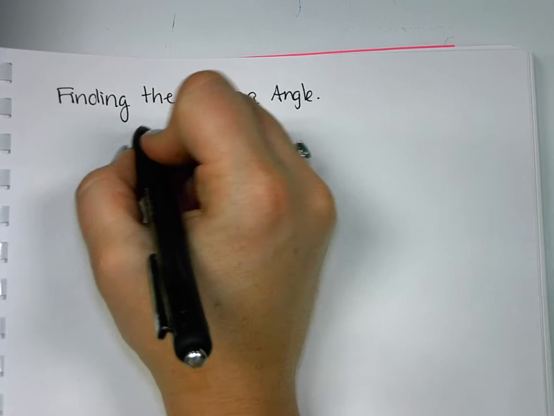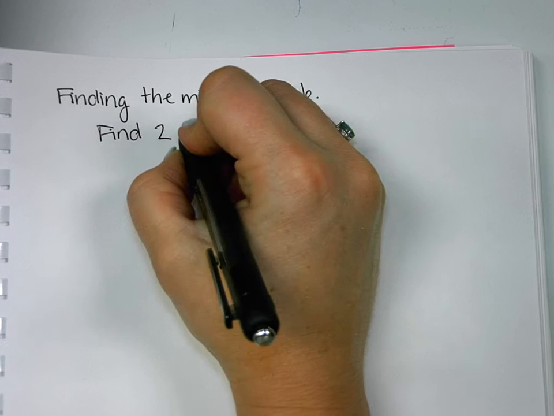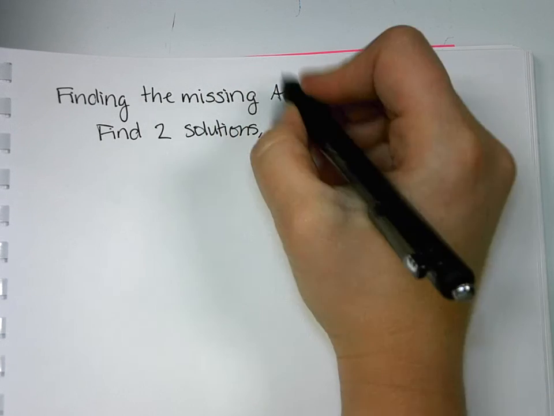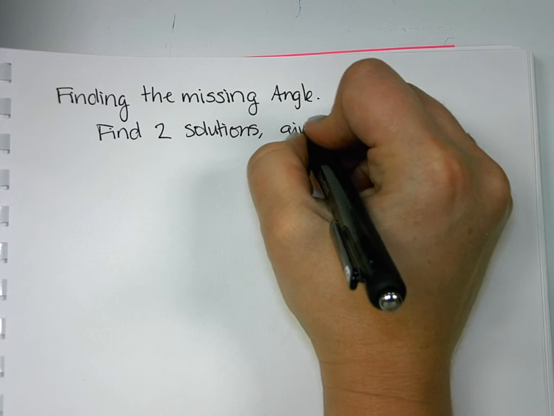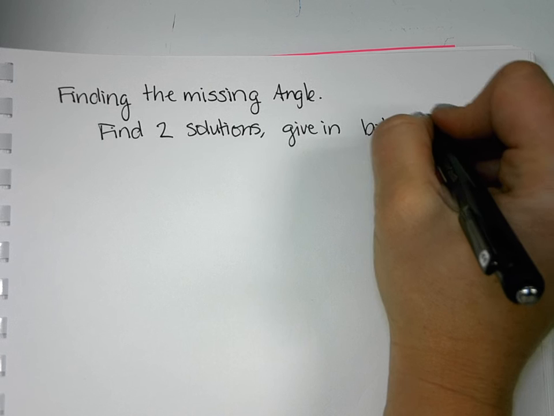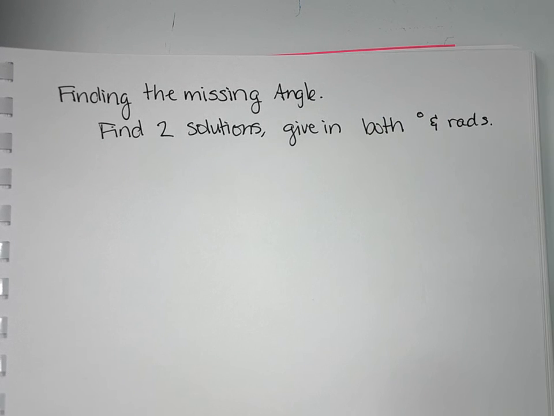And so we're going to find 2 solutions, give in both degrees and radians. And we're only going to stick with 0 to 360 and 0 to 2 pi.